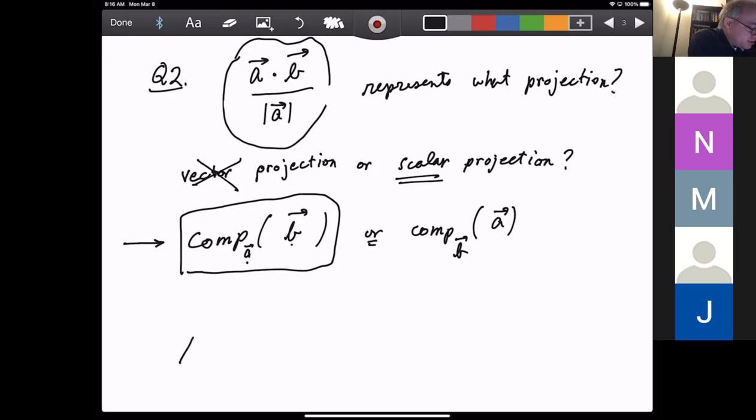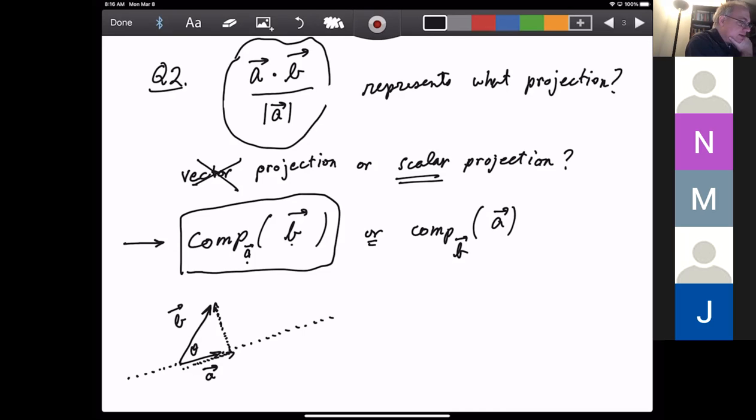Okay, and the picture that goes with that is that we're breaking the vector B up into components that are parallel to the vector A and perpendicular to the vector A. Now, let's connect the scalar projection or the component to something that we know already.